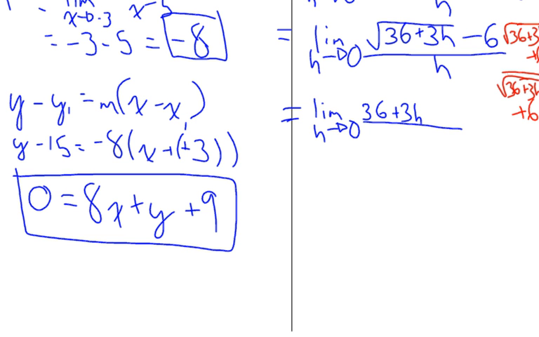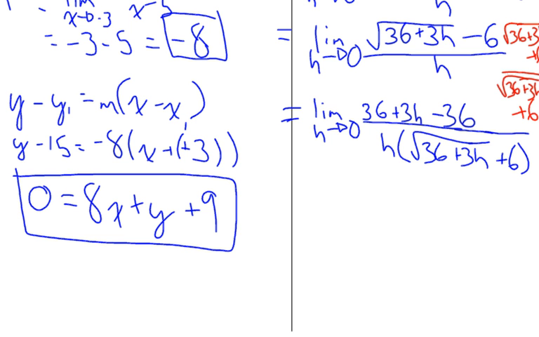Minus 36, thank you. Minus 36. And what are we going to have on the bottom? H times, yeah, this big thing. 36 plus 3h plus 6. Okay. And then we can continue as h approaches 0.